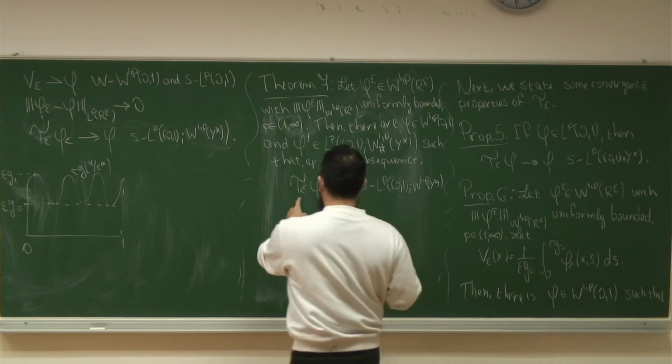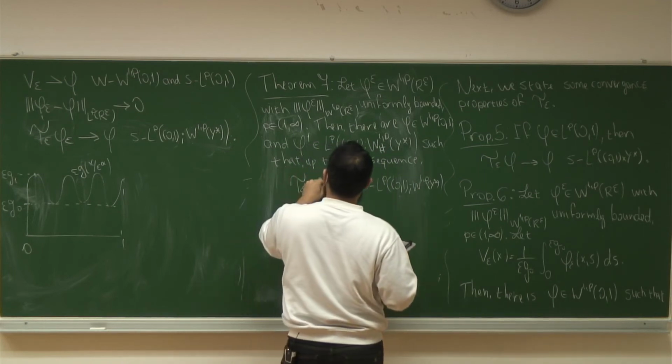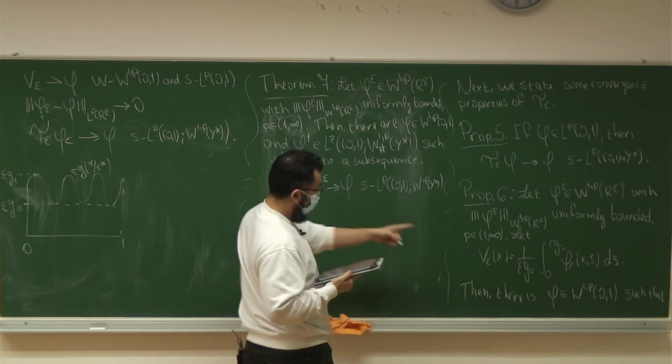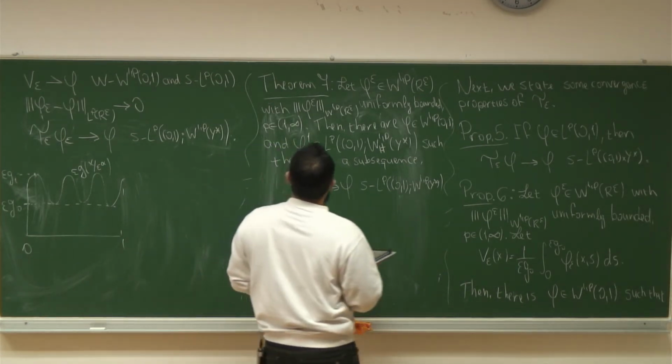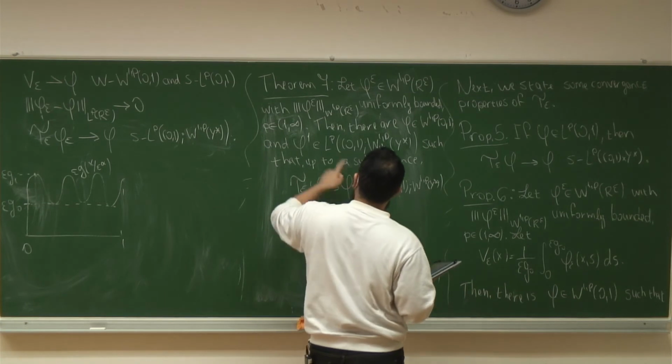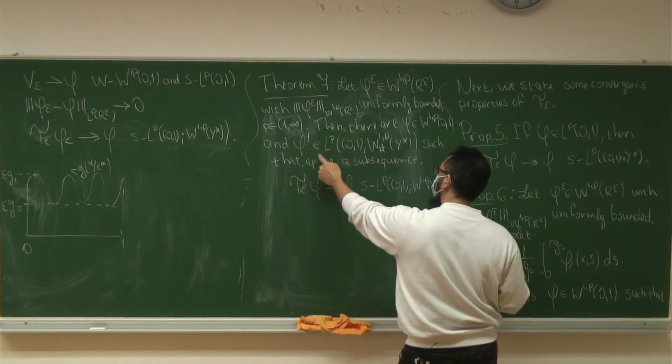Notice that this first convergence is from this proposition 6, okay? So basically proposition 6 is important to establish this.